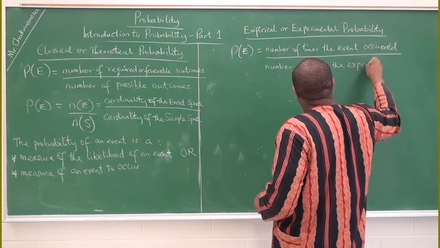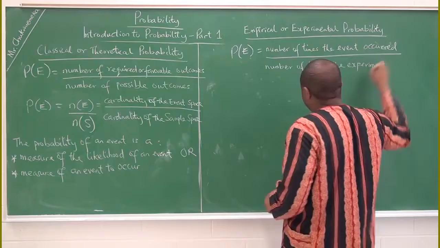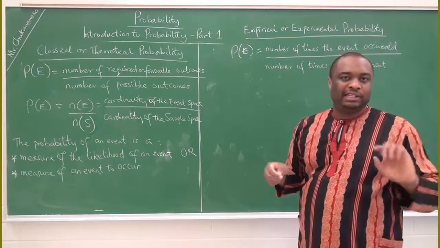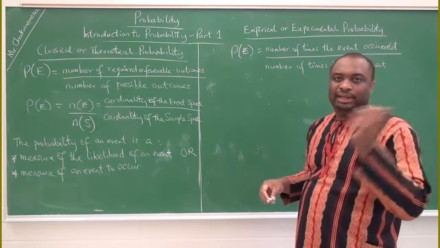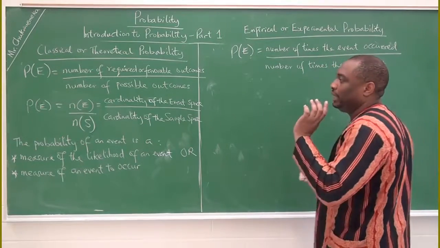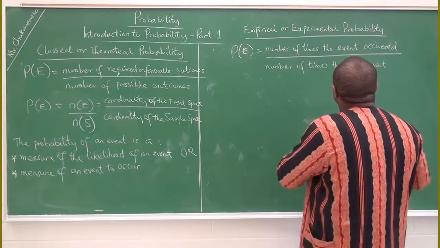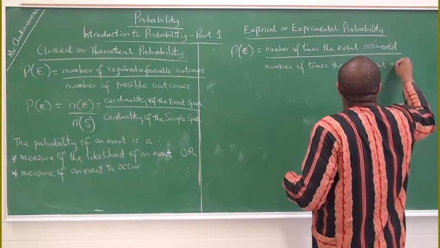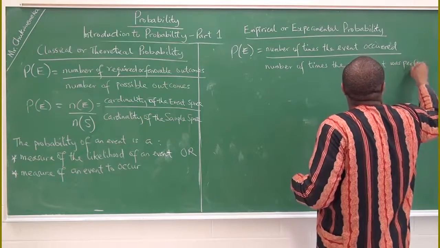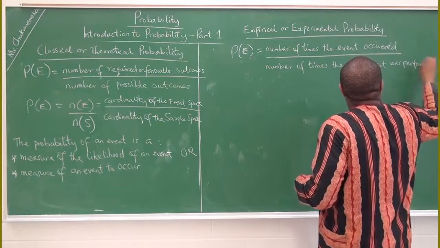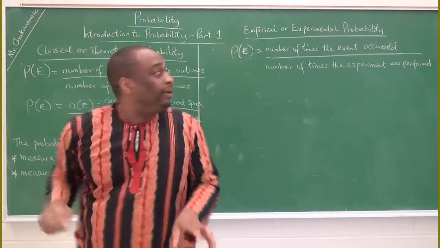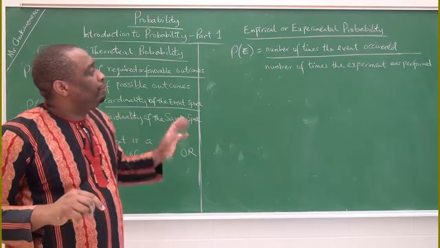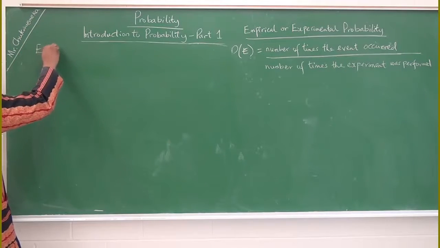There is something I remember now that I should have put in the vocabulary, and that is the law of large numbers. But we will do that in the next video, okay? That is it for the empirical or experimental probability.